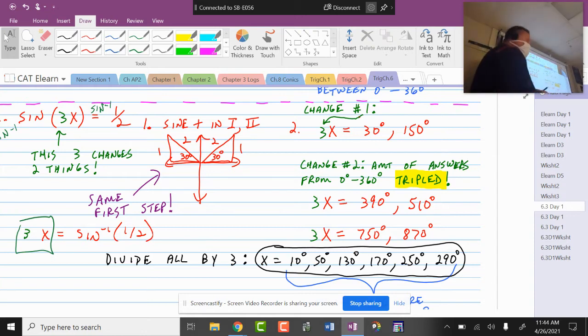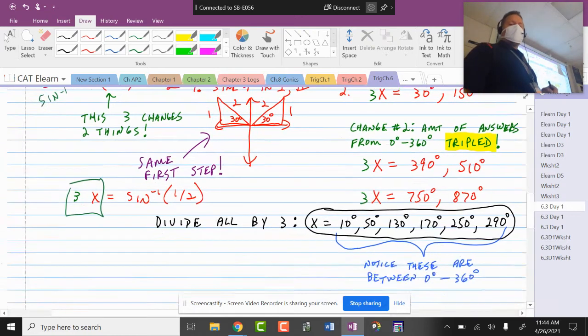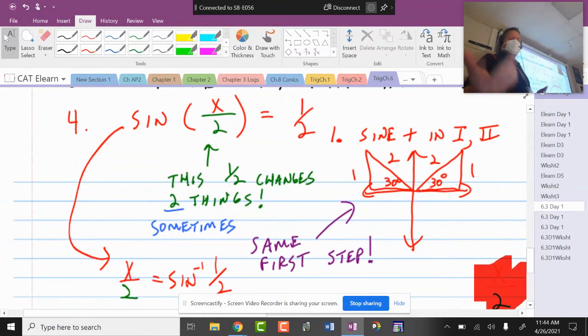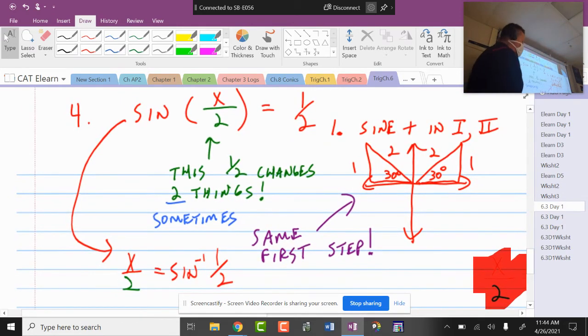Are we good? Okay, now one more extrapolation about what if I have this? And I notice it's the same triangle, but when I inverse sine, I free x over 2 equals the inverse sine of whatever a half is, which is 30 and 150 again. Well, what do I have to do to solve for x over 2?